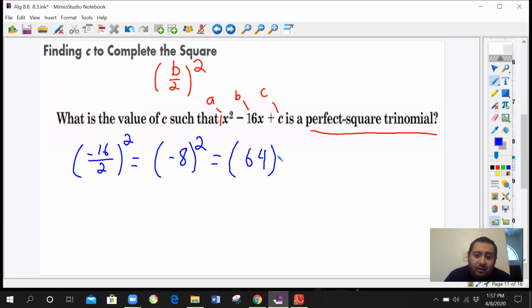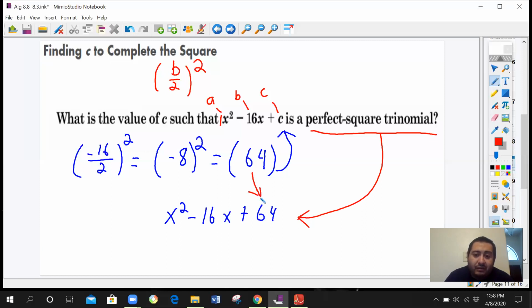That 64 is going to be implemented here. So now you have x squared minus 16x plus 64, and you have your perfect square trinomial. So your C in this case is 64.